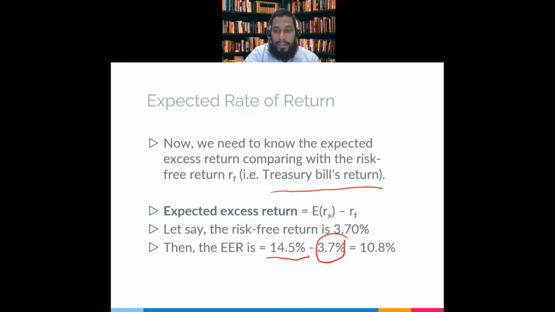So the excess return that we get in that share of X is actually 10.8%. So this is the excess return we get because of the risk that we take through holding this asset. So this is actually the risk premium that we get for taking excessive risk.